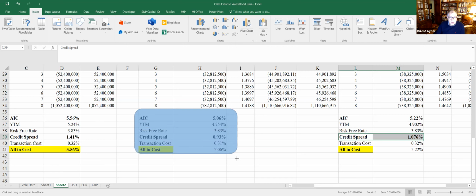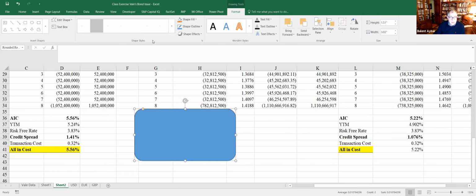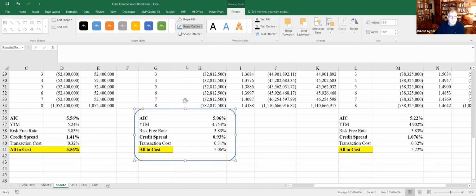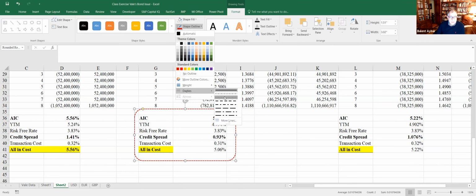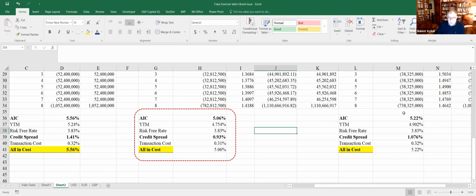It will attain the lowest cost by borrowing in this segment. So we could just highlight this. So among the three borrowing opportunities, the best opportunity is in euro borrowing.